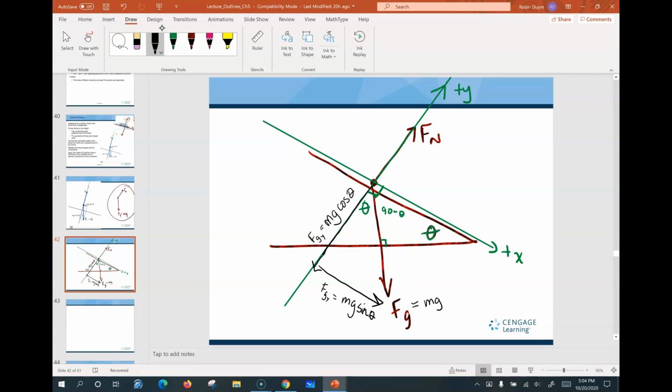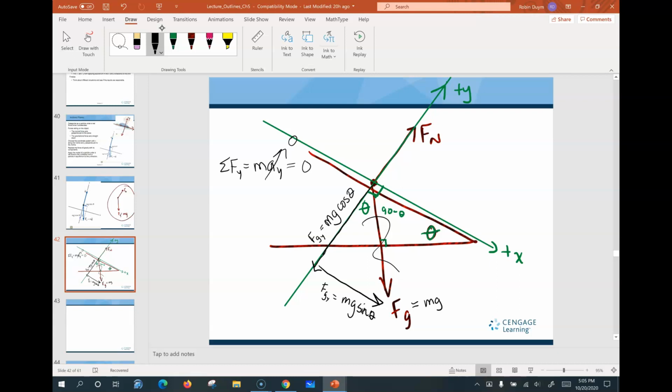Okay, now at this point we don't pay attention to the original vector. Now we just have all of our components that are acting on the car to get it to move down the ramp. So we can sum our forces in the y direction, which will be equal to the mass times the acceleration in the y direction, but we know that there isn't any, so it will end up being 0.